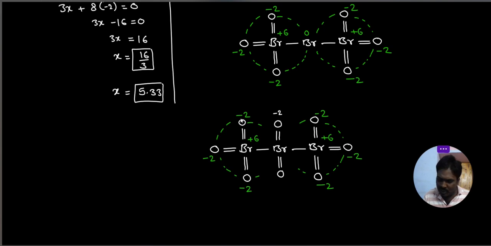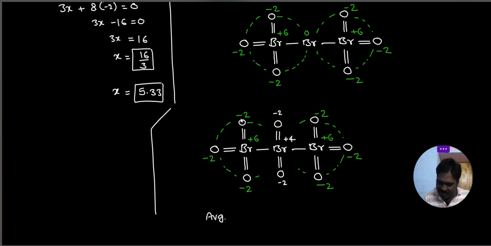Now surrounding oxygen atoms -2, -2, then bromine should be +4. Clear everyone? I hope everyone understood. Oxygen -2, -2 means -4, so bromine should be +4. So this is the procedure for assigning oxidation states for individual atoms.